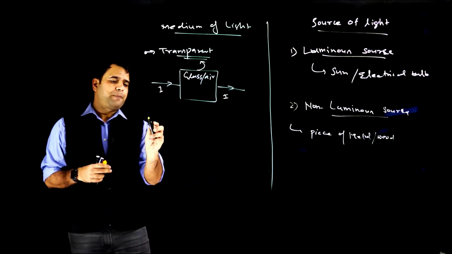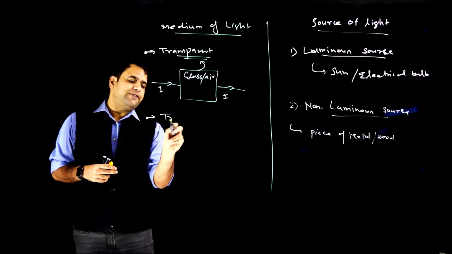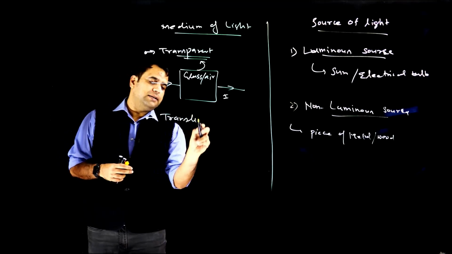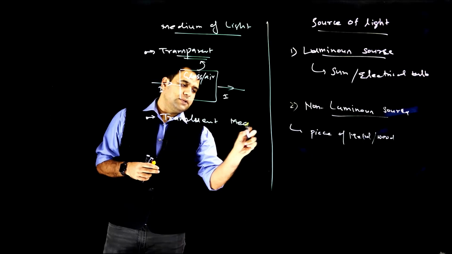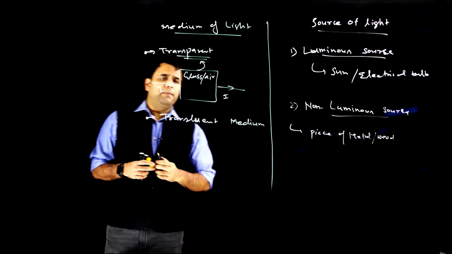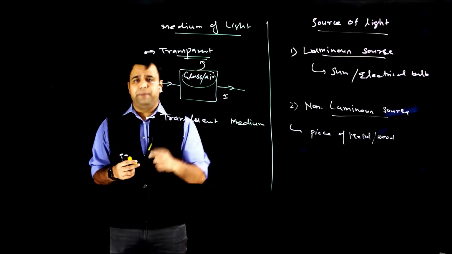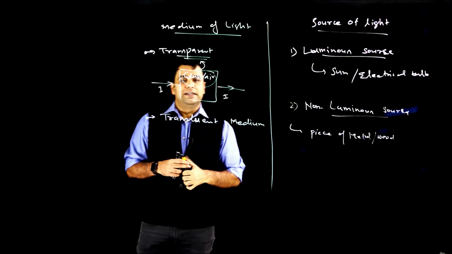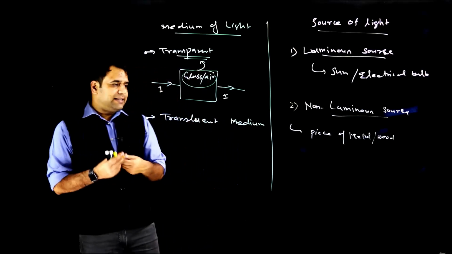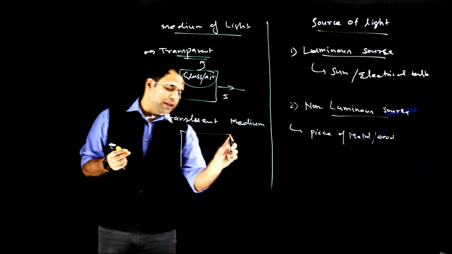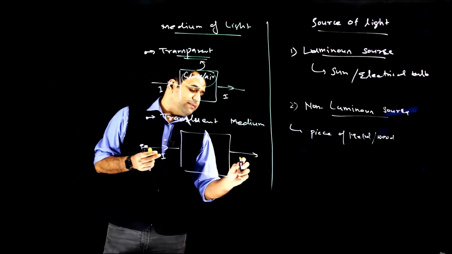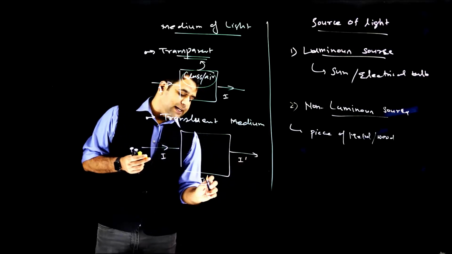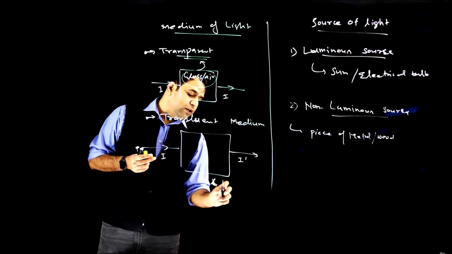The second type is defined as translucent medium. We are dividing the medium based upon the absorption of light by the medium. Translucent mediums reduce the intensity of light, so the brightness will be less than the original brightness.